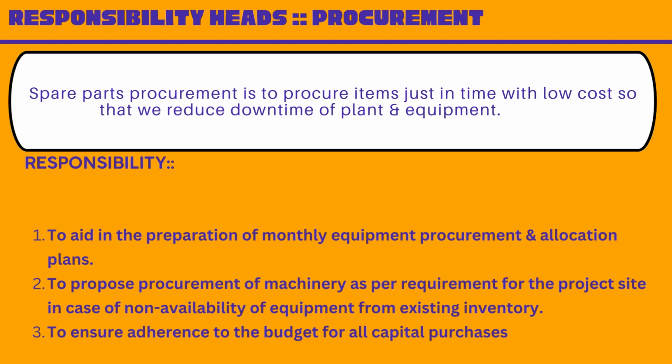Times to negotiate consumable, lubricant and spares cost with existing and new vendors on a yearly basis to ensure cost optimization for the organization. Times to aid in preparation of monthly equipment procurement and allocation plans. Times to propose procurement of machinery as per requirement for the project site in case of non-availability of equipment from existing inventory. Times to ensure adherence to the budget for all capital purchases.